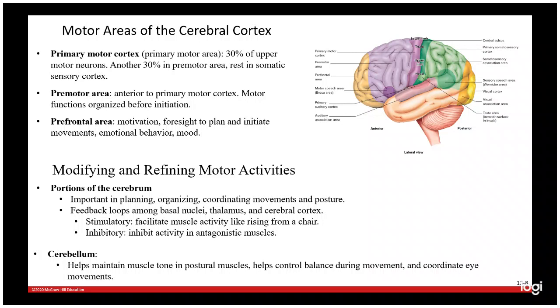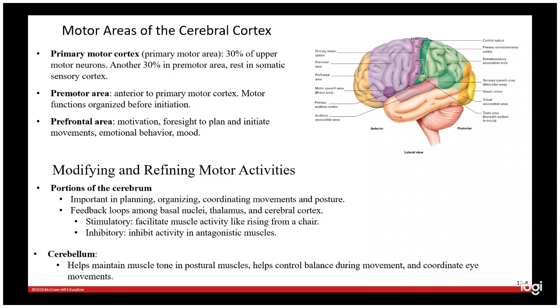They're also inhibitory. We talked in the reflex about how when you contract one muscle in order to actually make the movement, the antagonistic muscle, or the opposite muscle, has got to relax. So the cerebrum plays a part in that as well.